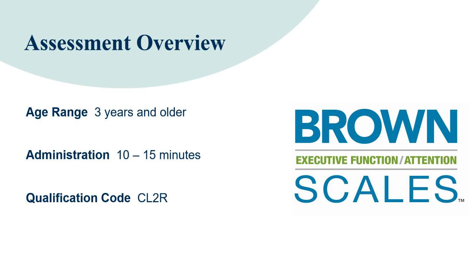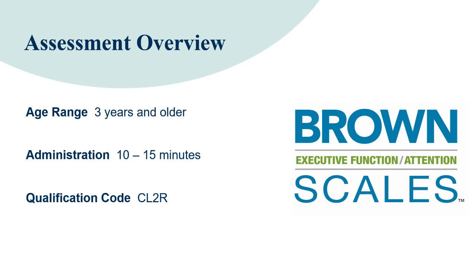The Brown Executive Function Attention Scales helps screen and assess a wider range of impairments of executive functioning. So the Brown EFA scales measures the DSM-5 symptoms of ADHD along with less apparent impairments of executive functioning.